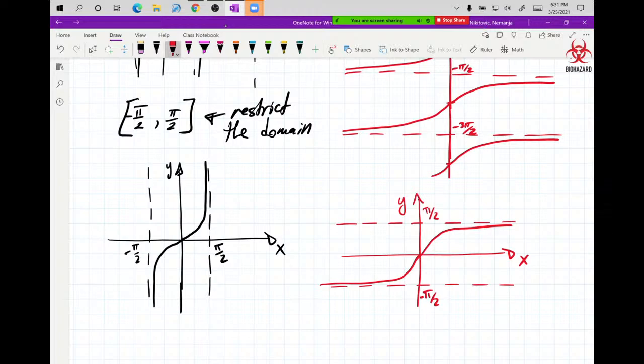And you can construct the graph, because once you have the secant graph, you restrict it and you flip it, and that's it. So please, if you have any further questions regarding these graphs and things, stop by office hours and we will take a look at it.